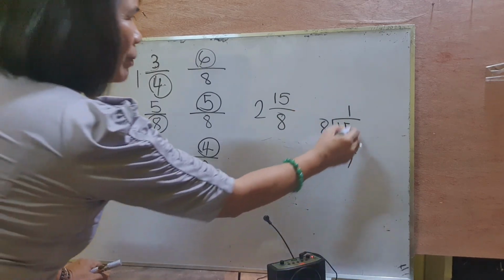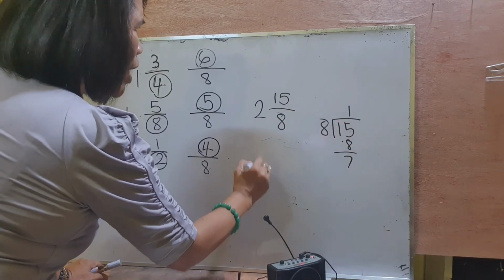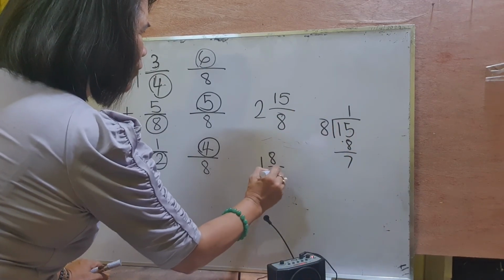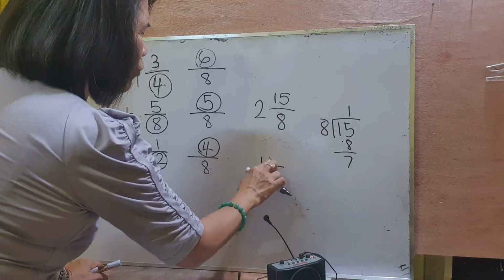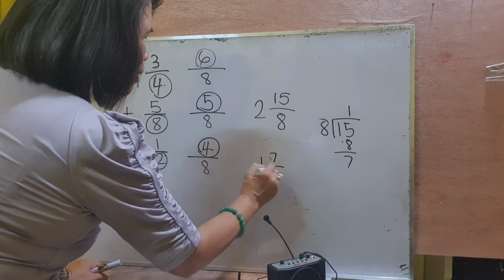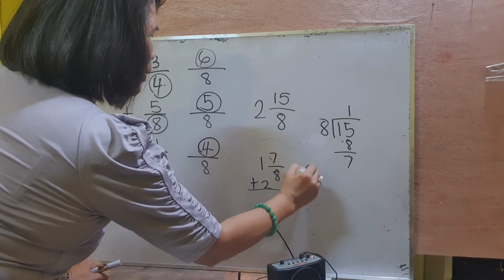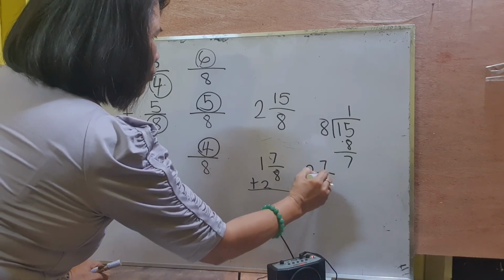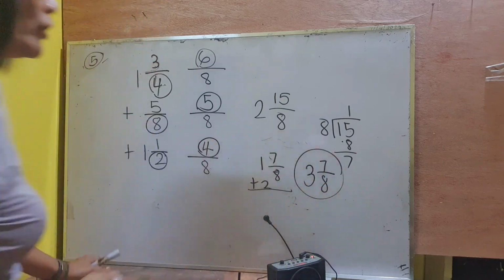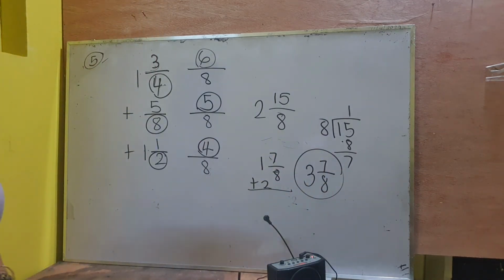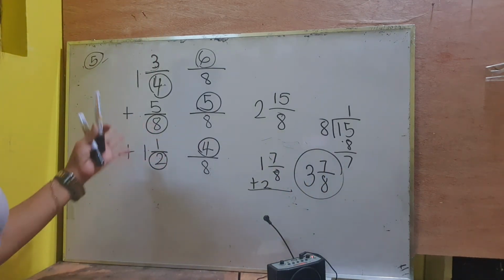Okay, so ito ngayon, ipa-plus ninyo, plus 2. So, ang final answer ninyo would be 3 and 7/8. Ito ngayon yung final answer nyo. Okay? Guys, thank you so much, ha? Maraming salamat.